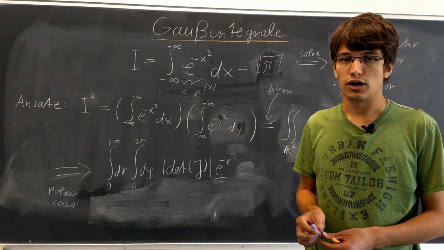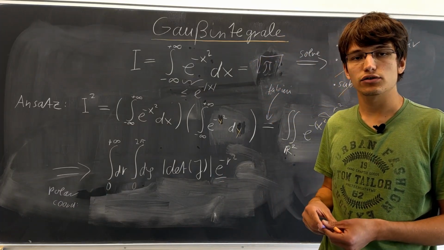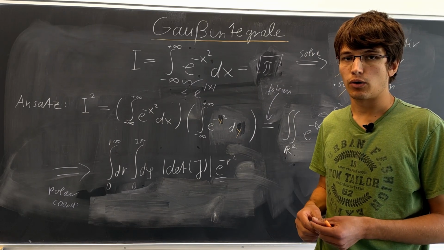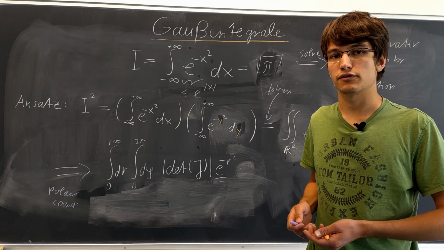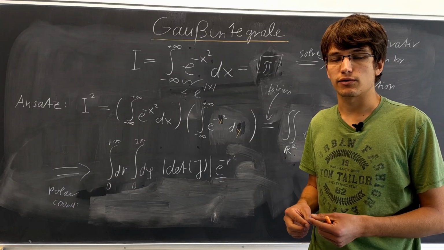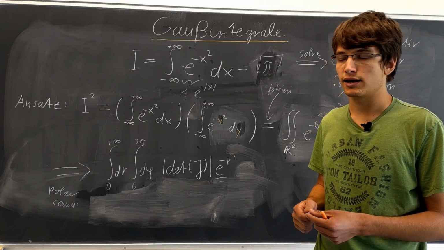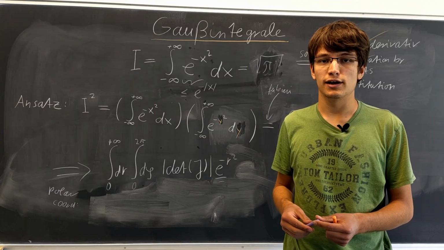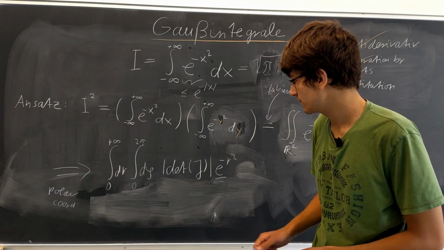We can note our integral in the new coordinates, but while doing the transformation we also have to adjust the integration measure by the Jacobi determinant. For polar coordinates, the Jacobi determinant is r.